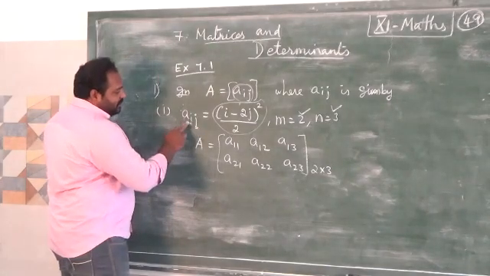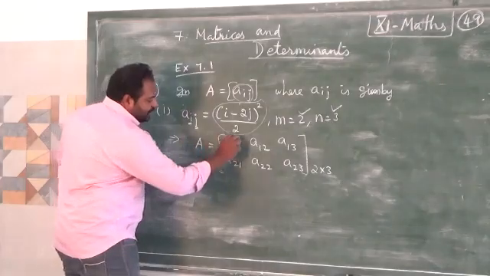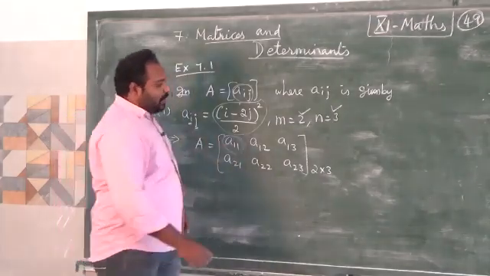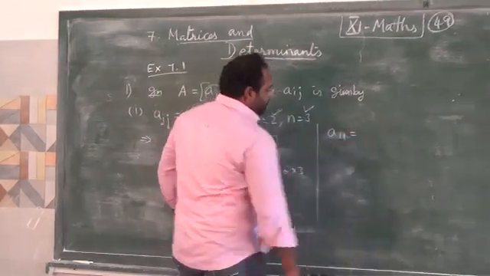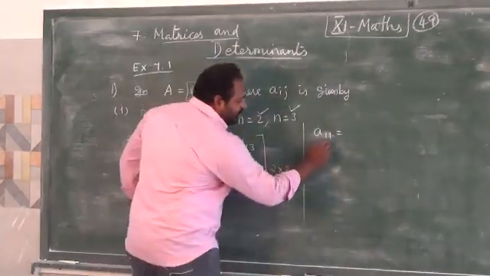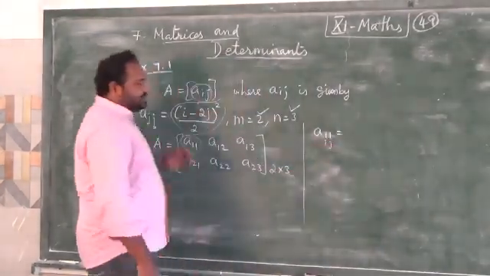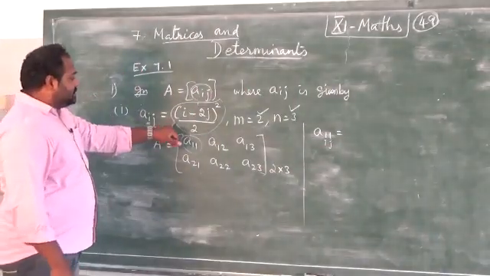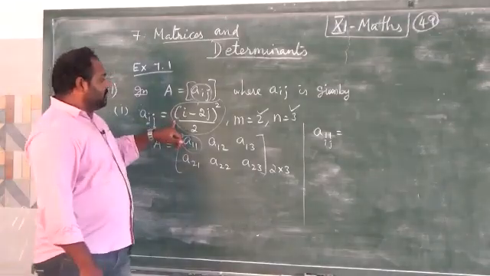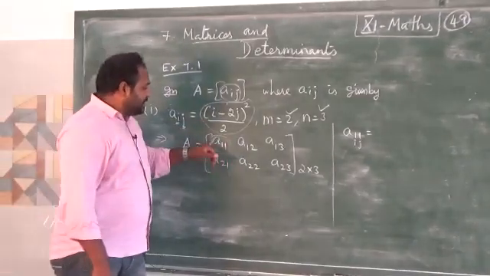In the form Aij, the first one I am going to find is A11. A11 is written with i equal to 1 and j equal to 1.